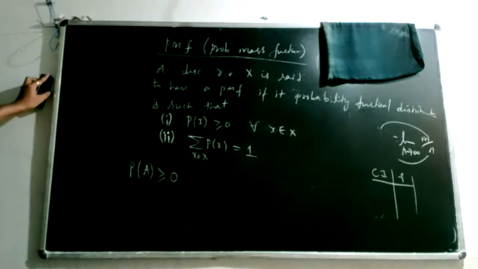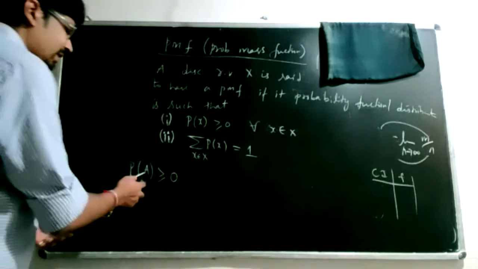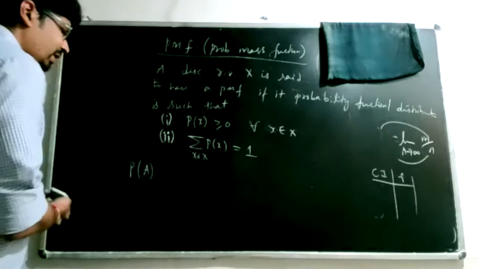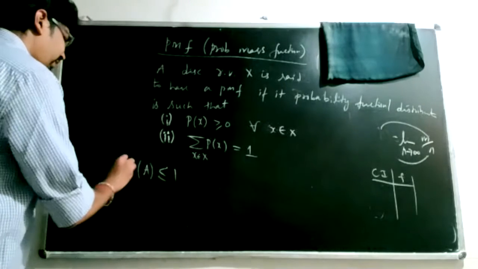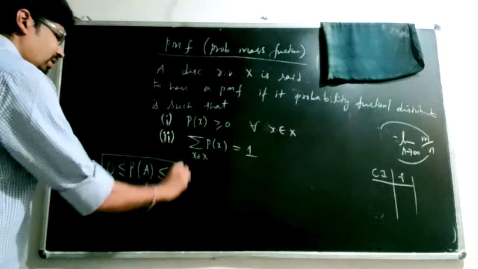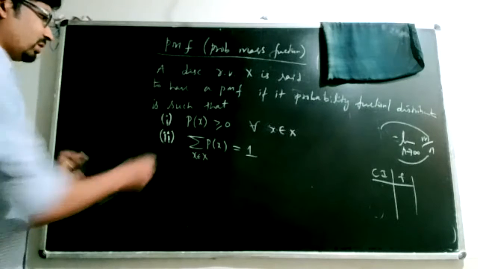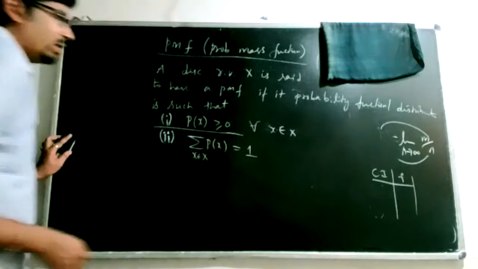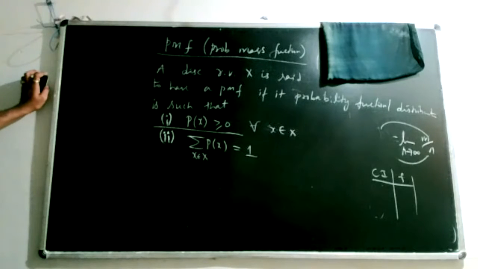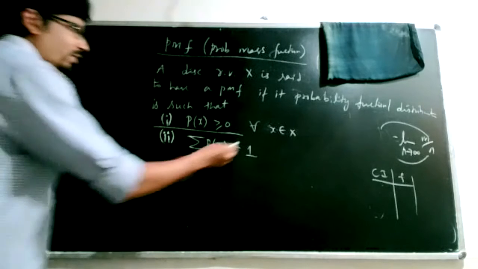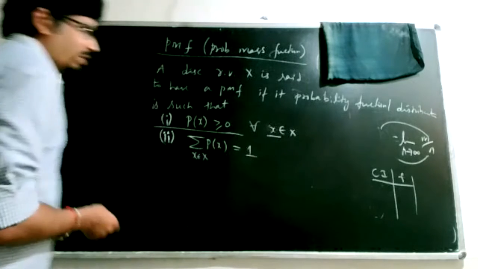But since it is the chance in terms of percentage, at the most our A could be equal to the sample space, and we already know that our probability for any event lies between 0 and 1. So this need not be a hard and fast rule. In every such random variable, we will observe probability greater than or equal to 0 for particular cases of x.